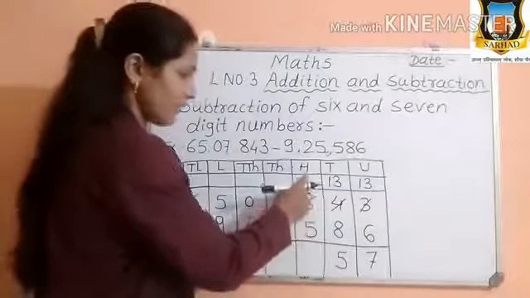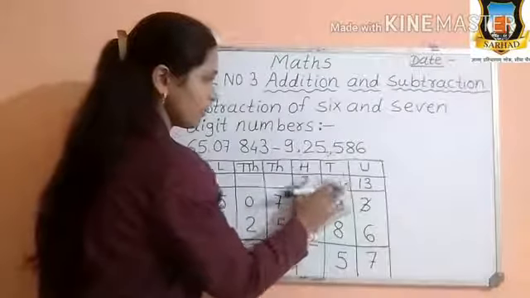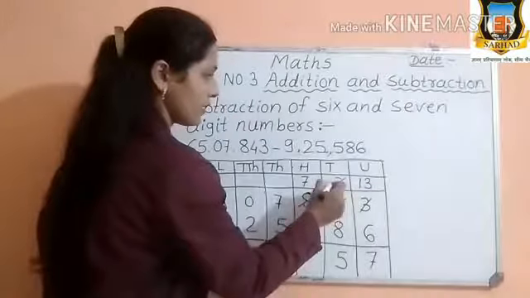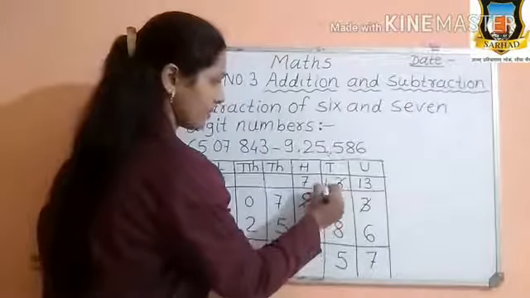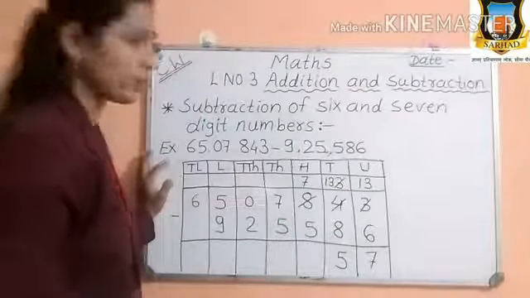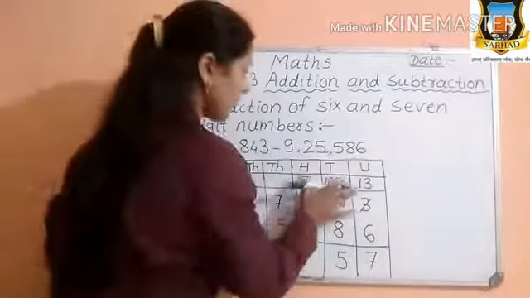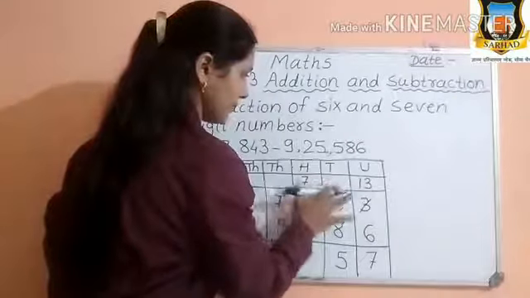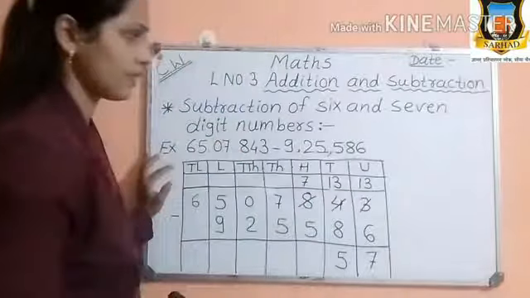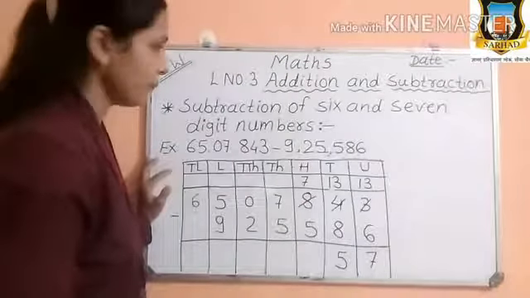Here 7 remains, and then 1 ten comes. If 3 is there and we take a borrow from the next number, then the total will be 13. That's why I have written 13 here. Now 13 minus 8 is 5.